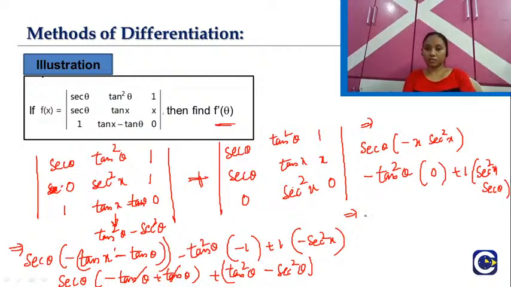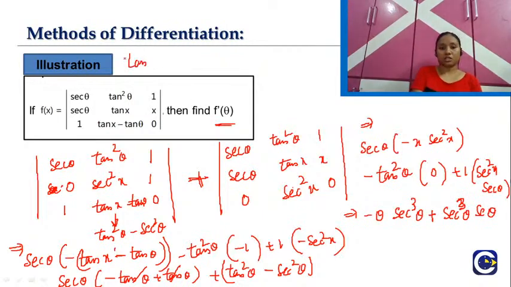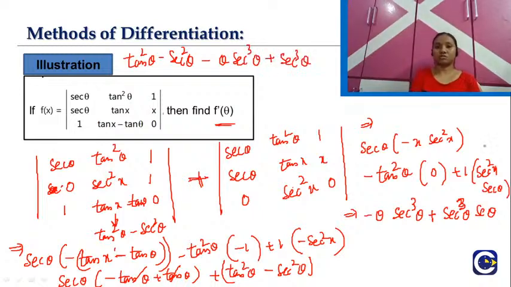So this will become minus theta into secant cube theta, this will be 0, plus secant square theta into secant theta, that is nothing but secant cube theta. So our complete answer here will be tan square theta minus secant square theta minus theta secant cube theta plus secant cube theta.